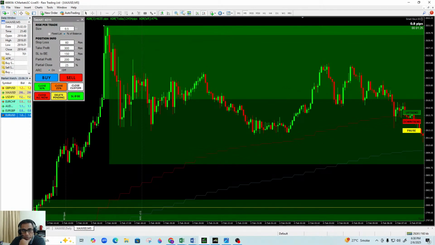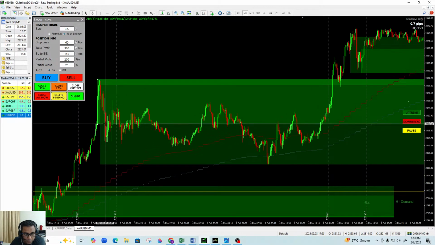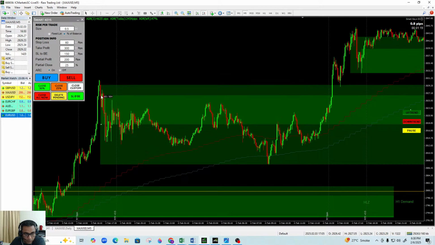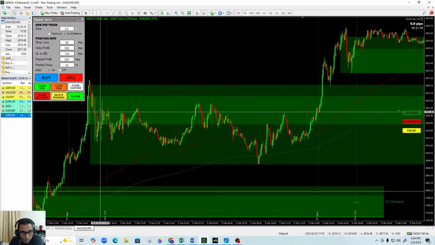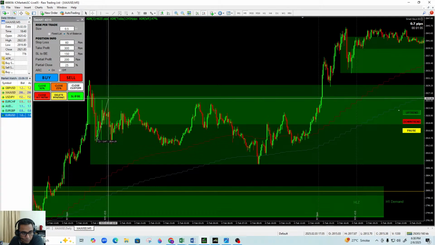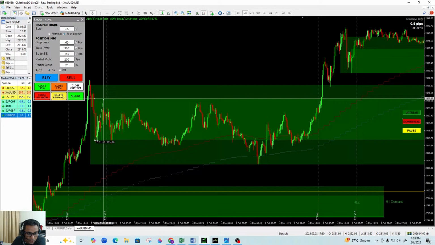It's 120 pips, still too big. 78 pips. 5-minute. There's a candle right there on the 5-minute. This one right here. It's a doji, but it's still a bullish candle, 116 pips.